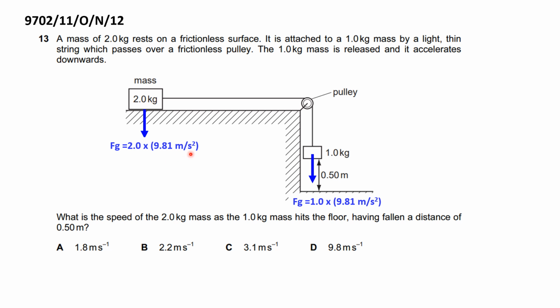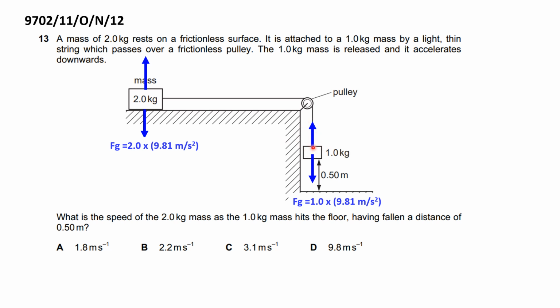The other forces involved in this diagram are the normal force, because this box is on a surface, in contact with a surface. This box does not have a normal force, but here we have a string.